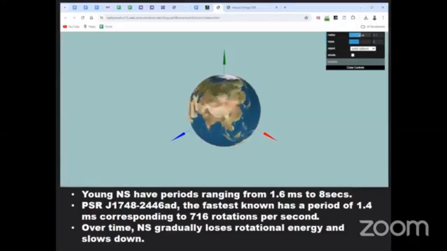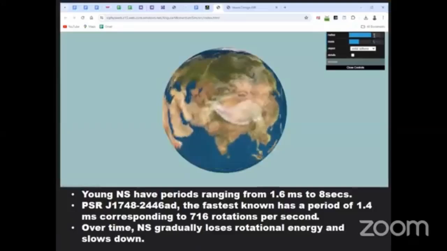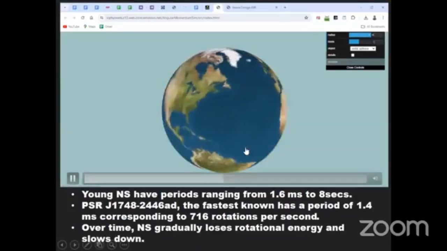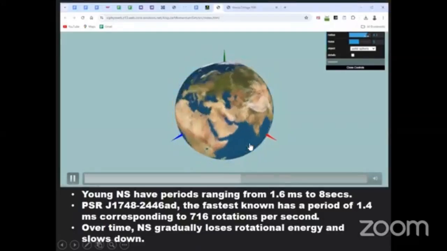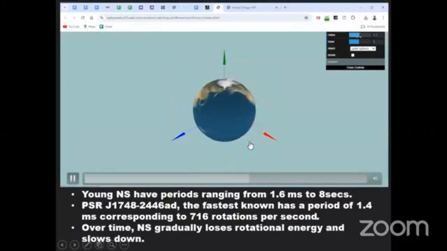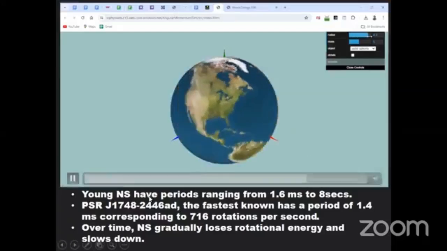So I'm explaining to you why neutron stars are high spinning stars. They have high spin rates. I'm going to reduce it again, and the spin is going to increase. That's exactly why neutron stars are the way they are. Their spin rate is very, very high.